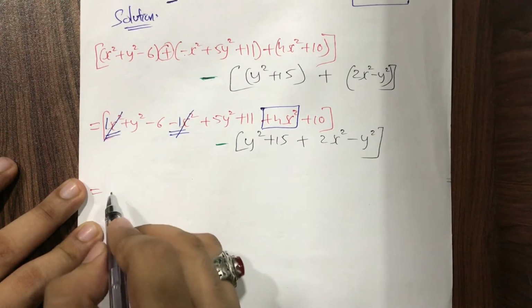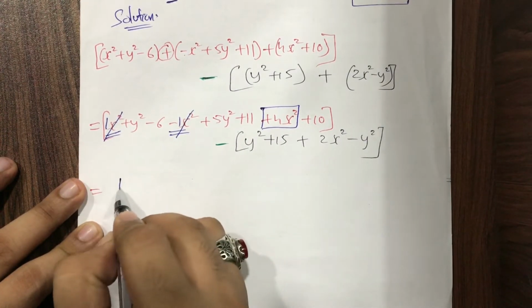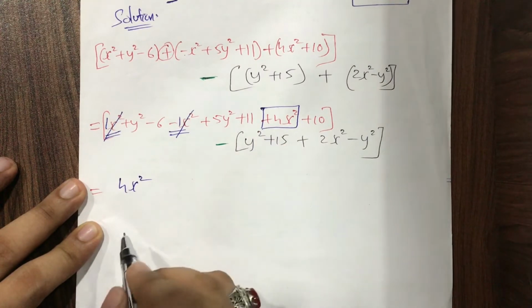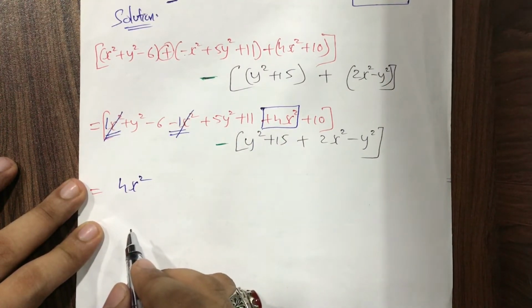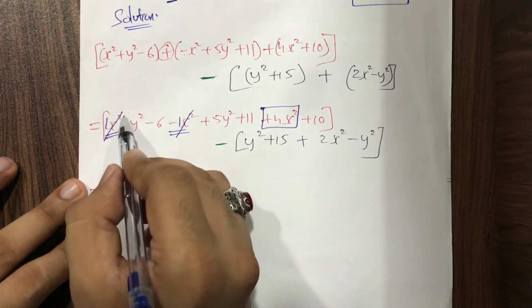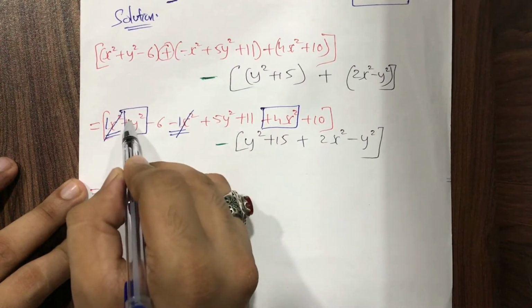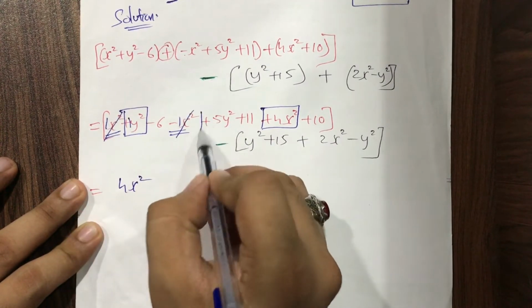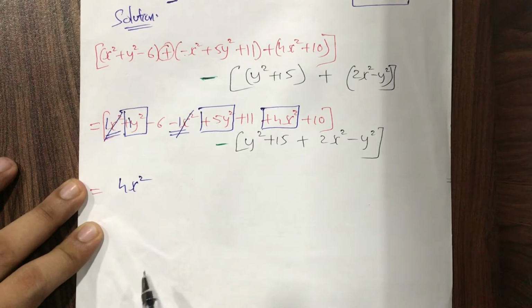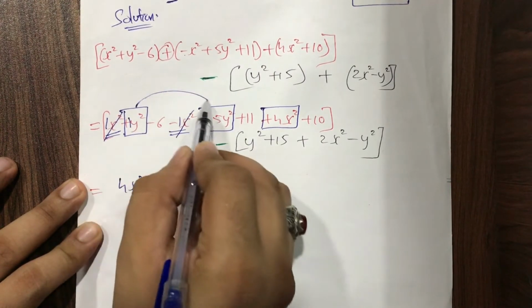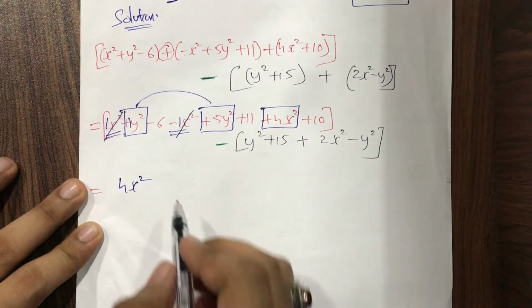Okay, so here I'll write 4x square. Now about y square, how many terms with y square can I see? Here I can see plus 1y square, and here I can see plus 5y square. So plus 1y square plus 5y square becomes plus 6y square.